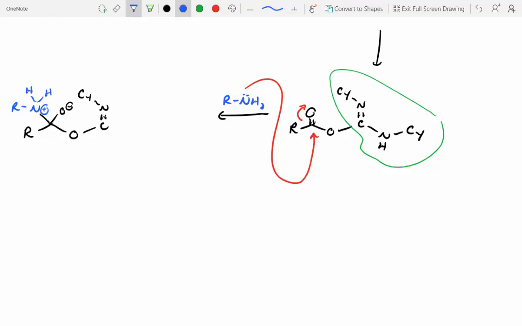Got our amine that was added in, and then we've got the rest of our DCC hanging off here. All right, next thing we're going to do is move this proton from the protonated amine right here over to the other nitrogen. So we're just going to do a basic proton transfer. So I'm going to write plus and minus H plus.